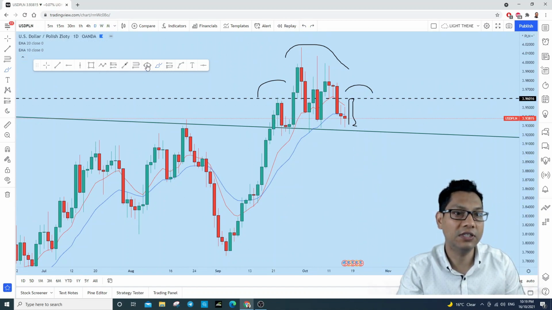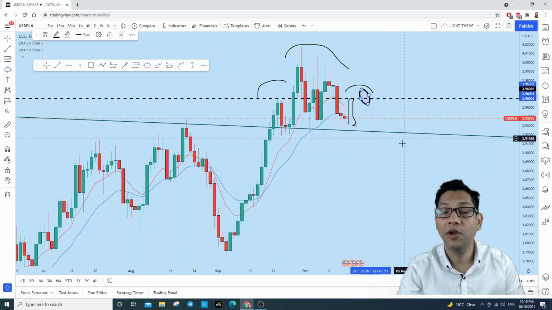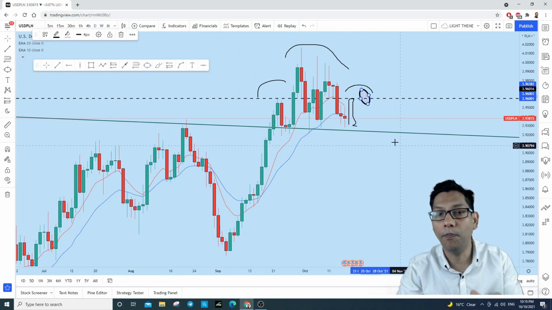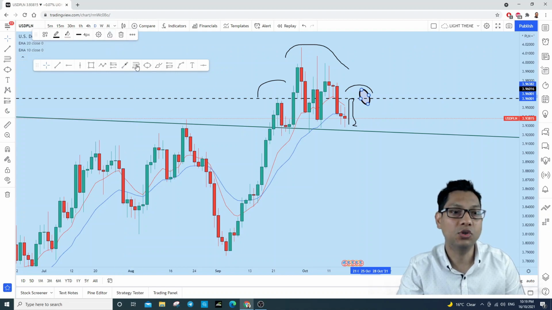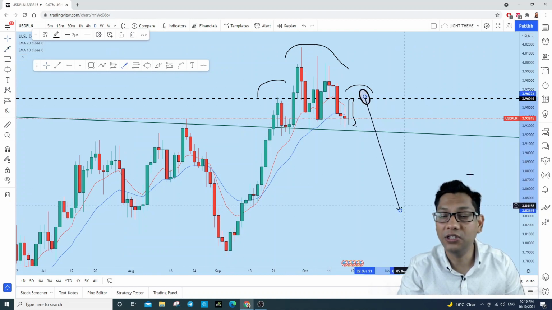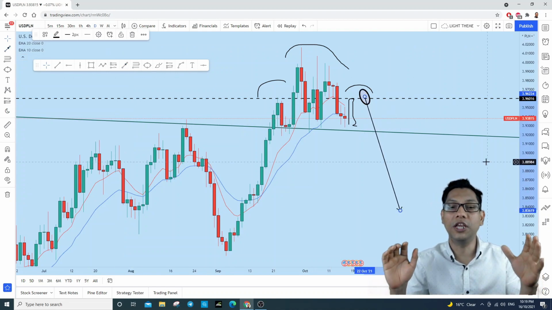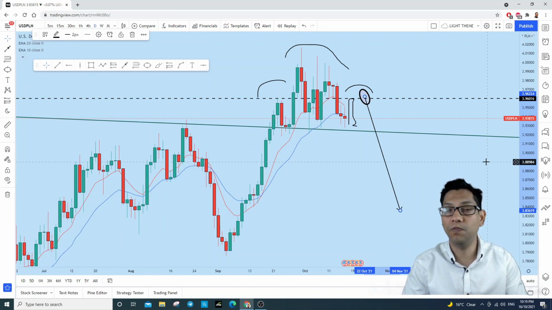This is the zone where we will wait for the price to go and complete this pattern. As soon as we see the price here, based on the lower time frame, we will take a short trade for this movement to the downside with a very good risk to reward ratio with our students.